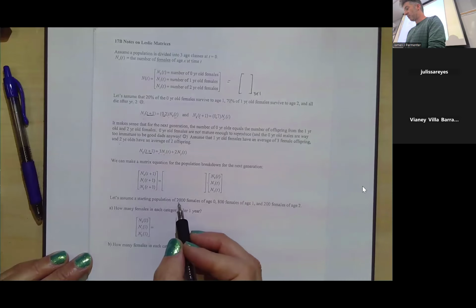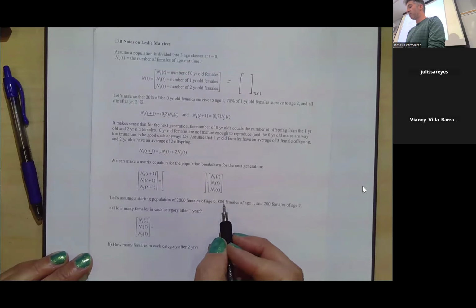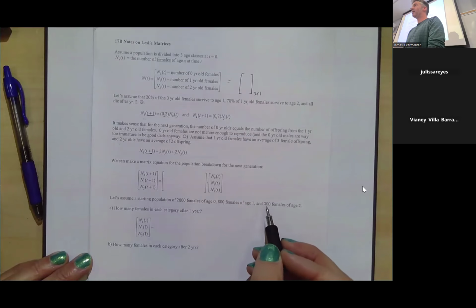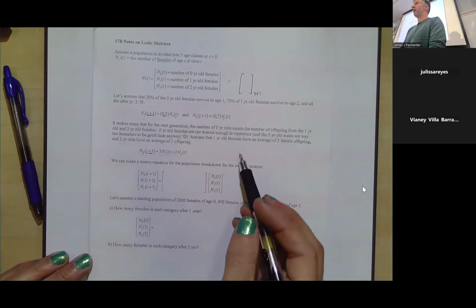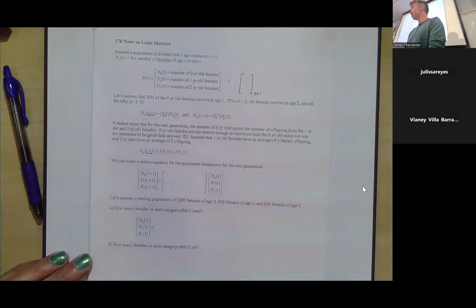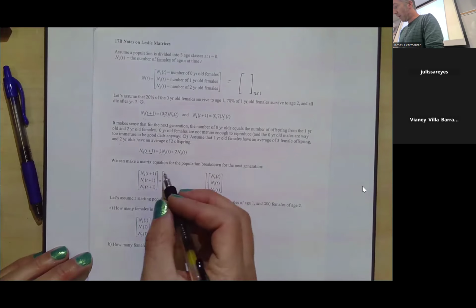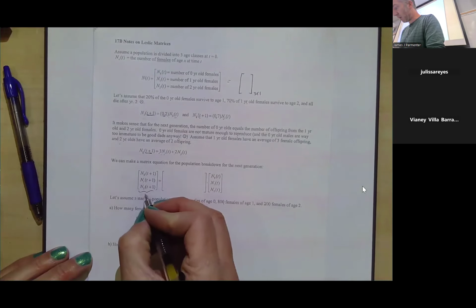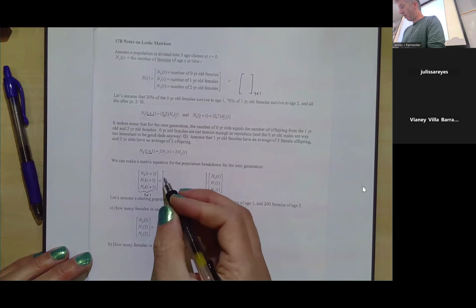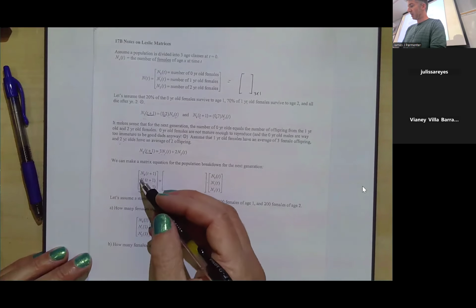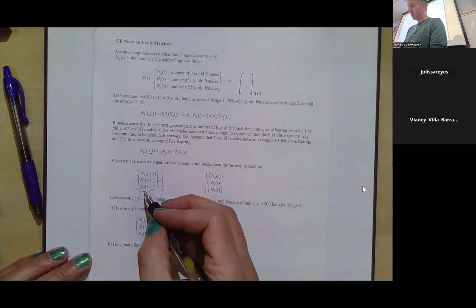If we start with a population of 2,000 females of age 0, 800 of age 1, and 200 of age 2, it's a lot of work to go back and figure out how many of everything we have next year. So instead of doing it a less good way, we're going to write this as a matrix. So we have this 3 by 1 here of all of the amounts of different ages, 0, 1, and 2-year-old next year.